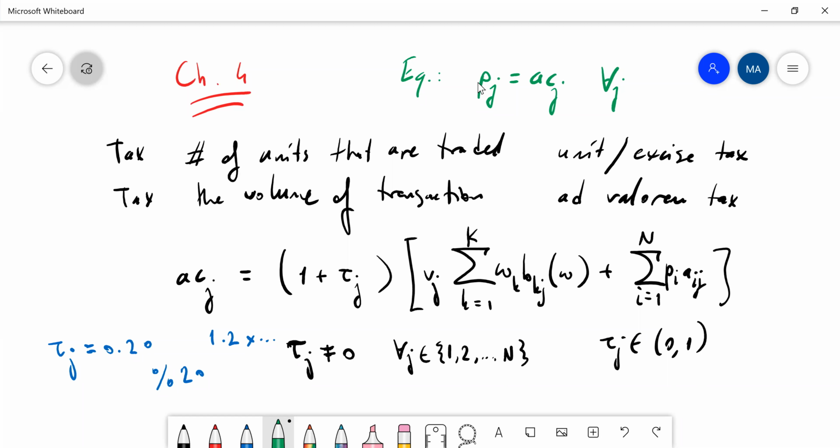Why would a government do that? Well, sometimes, for instance, if there is an environmental problem, some of the firms are using dirty technologies that emit carbon dioxide heavily, and some other firms are using green technologies.